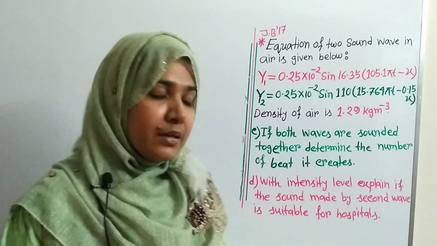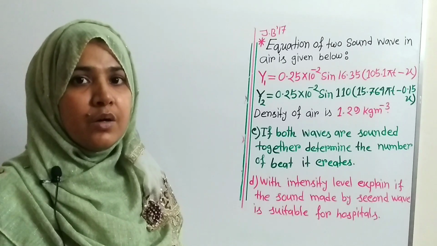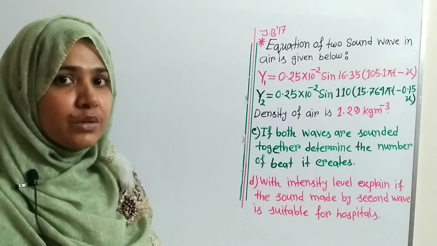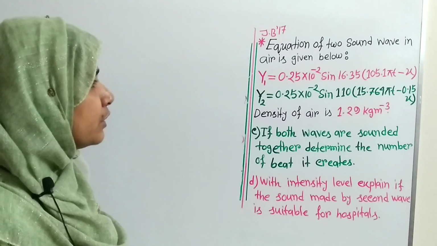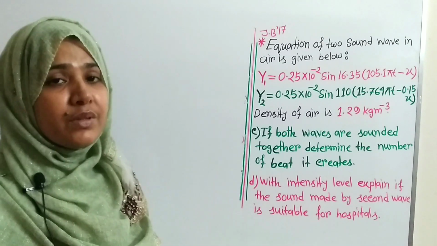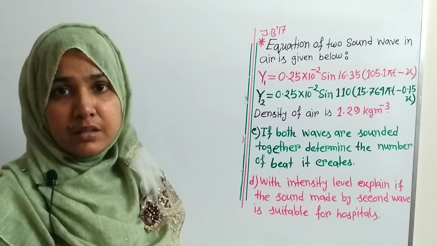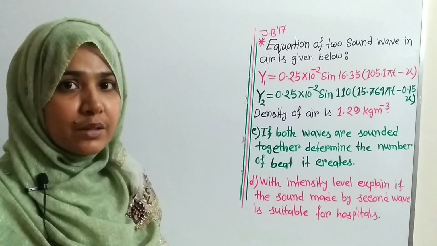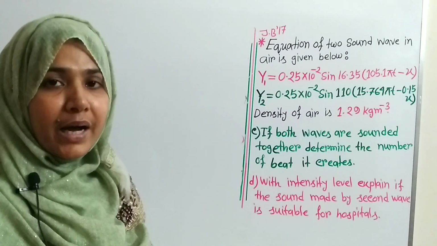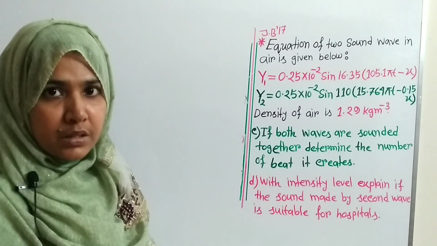So to calculate beta, we need to know the value of I, and you can see that they did not give the value of I directly. So firstly we have to calculate the value of I, or intensity of sound.